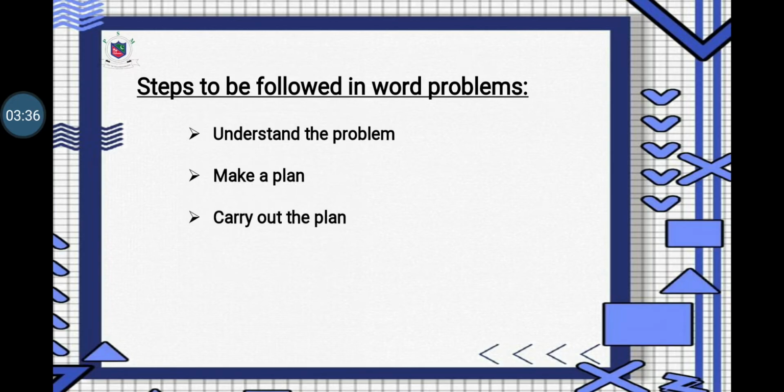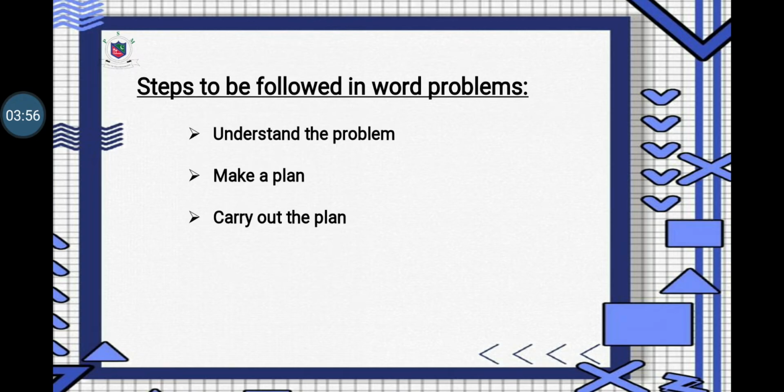The third step is to carry out the plan. To carry out the plan means that once we decide which mathematical operation we have to use, we have to solve the word problem according to that operation.